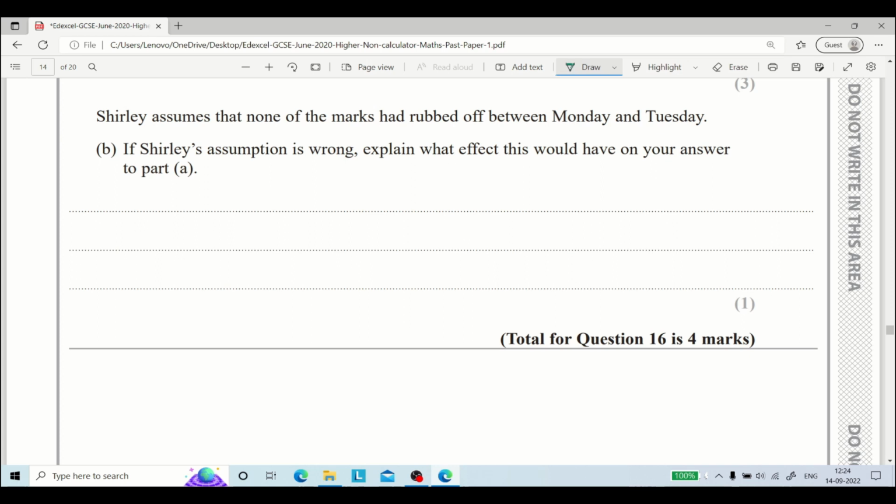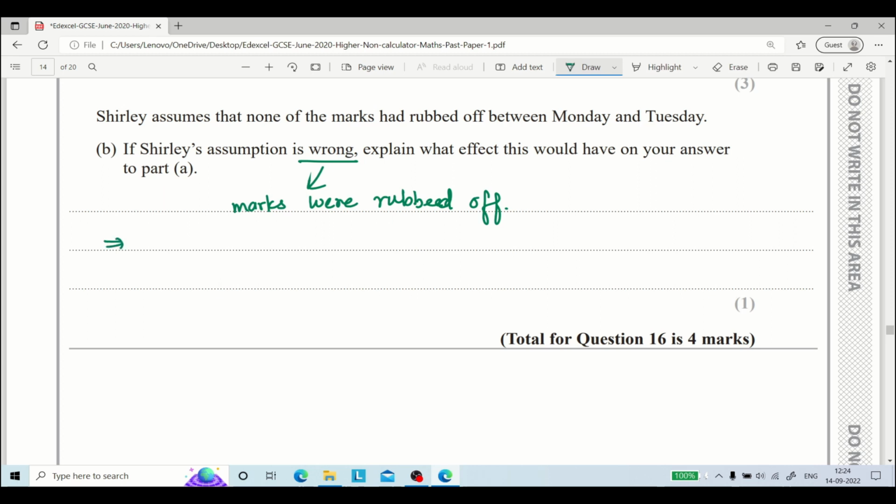Okay, so if her assumption is wrong, which means the marks were rubbed off, then Shirley has overestimated the number of bees.